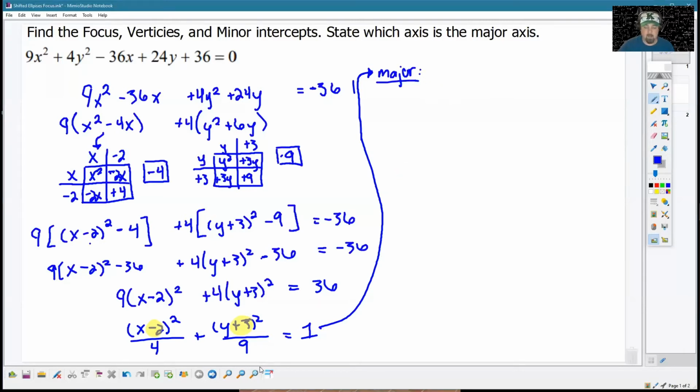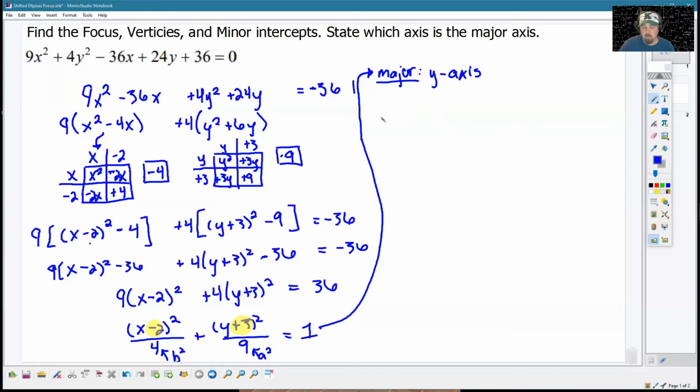So the major axis. Well, this one's got to be a squared because it's bigger than 4. 9 is bigger than 4, so that makes that a squared. Since that bigger number is below the y squared, the major axis is going to be the y-axis. That means our foci and our vertices fall on that axis to start.